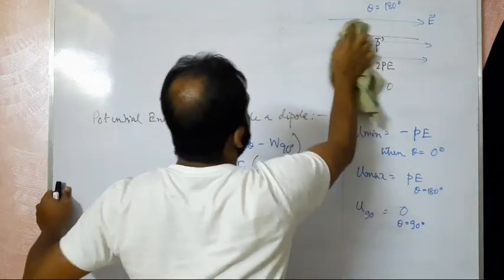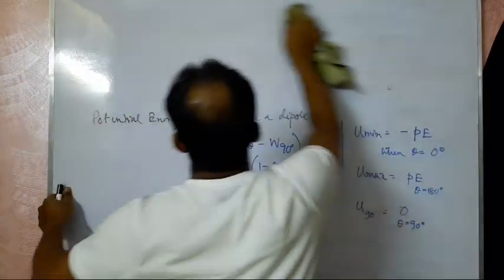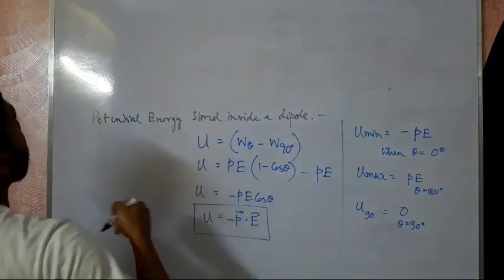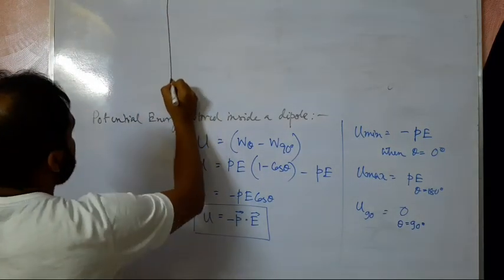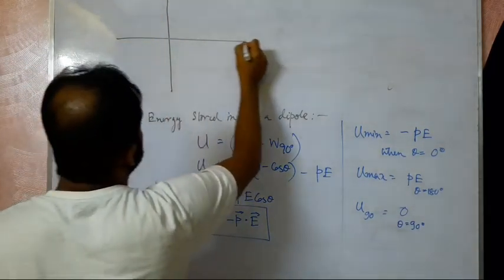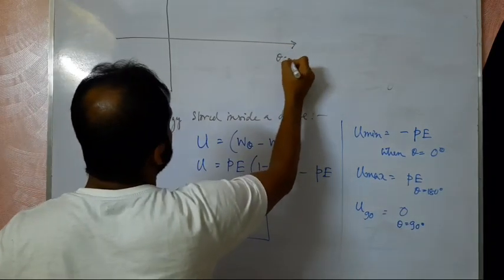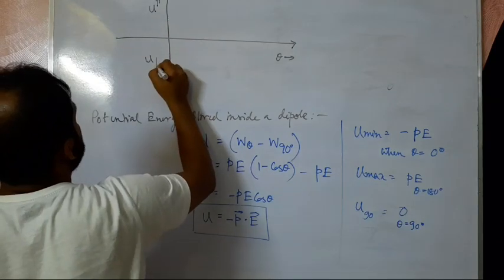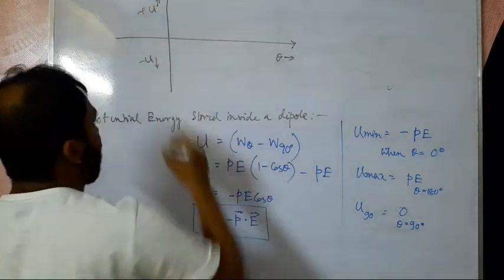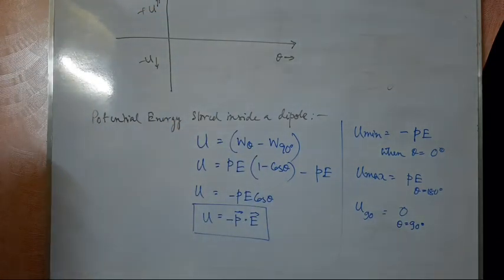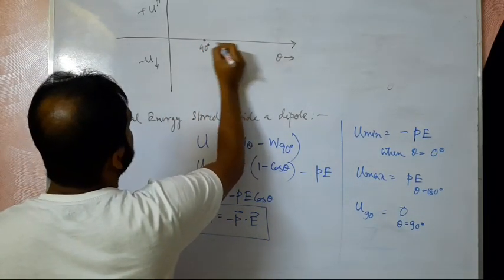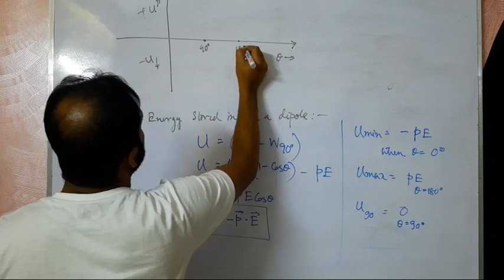If we plot the graph of potential energy with angles, what will come? You can see that this is the potential energy and this is theta. This is positive and negative potential energy. So if we write the angles 90 degree here, and it is 180 degree, it is 0 degree.